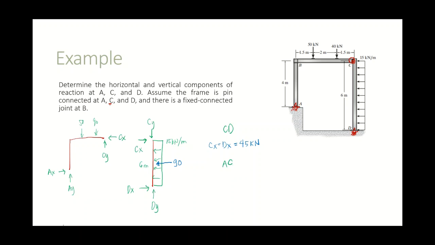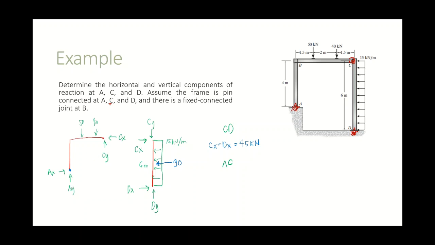Para sa segment AC naman, best way to solve, mag-summation of moment tayo dito sa A. Diba? Pag nag-moment tayo dito, makukuha natin ang we will have two equations, two unknowns. Kasi pag nag-moment tayo dito, we have two unknowns, CY and CX.